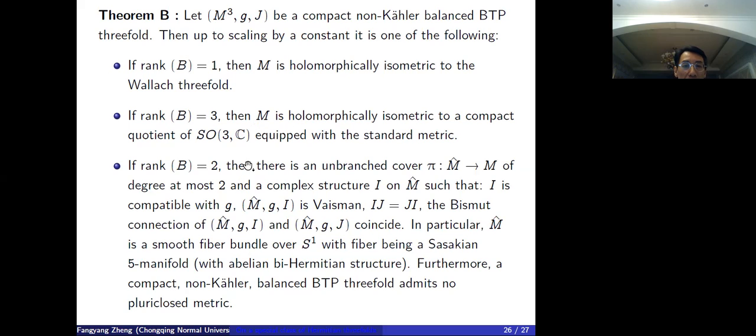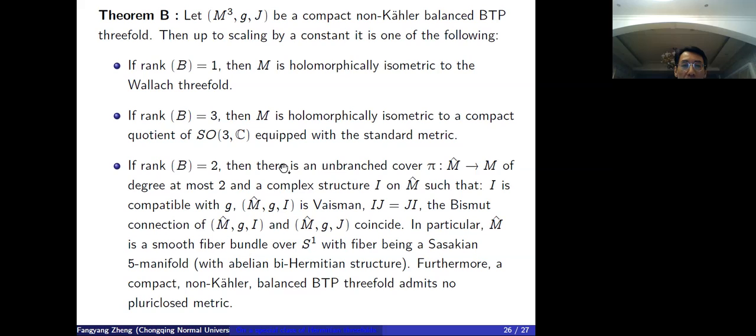And then the majority lies in the middle type. In this case, what we can prove is the following. There is a double cover of M. This covering degree can be either 1 or 2, depending on a line bundle, which could have degree 2.